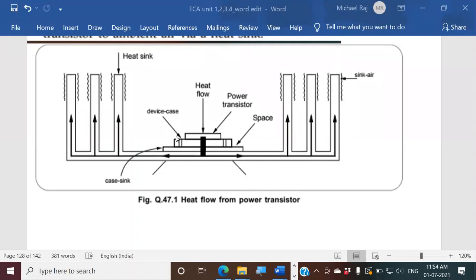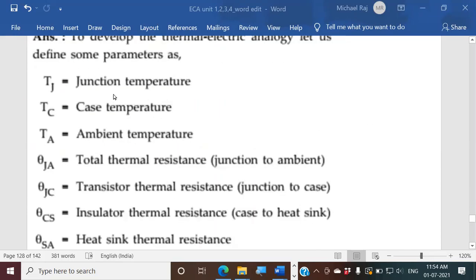Junction to case to heat sink, then from heat sink to where? Yes, heat sink to surroundings, ambient. Correct answer. So the path is junction to case, case to heat sink to ambient.